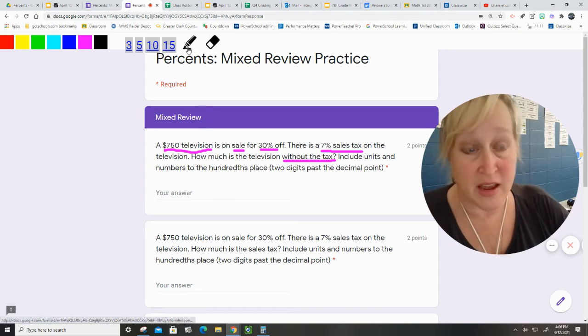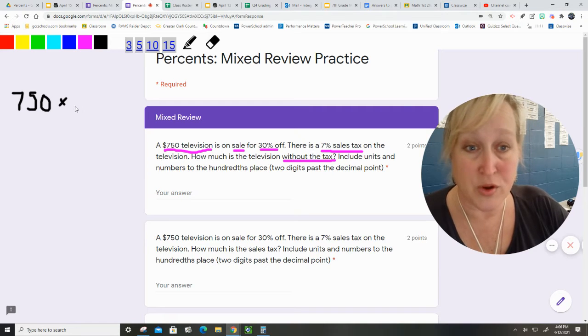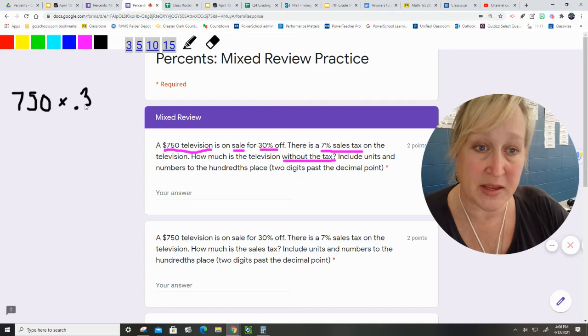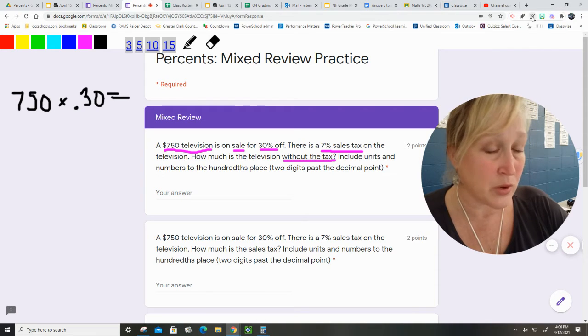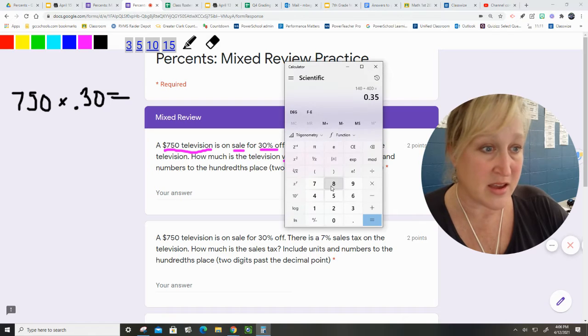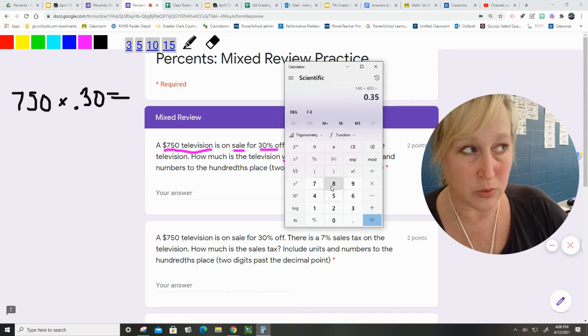So I'm just going to do the math that I know I'm supposed to do. 750, and I'm going to multiply it by the 30%, which is 0.30. I'm going to grab my calculator because, again, when you're working with me, we are practicing the skills, not necessarily our mathematical skills. We're doing real world and application problems.